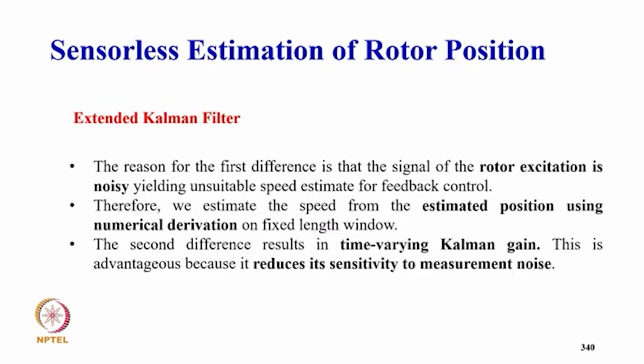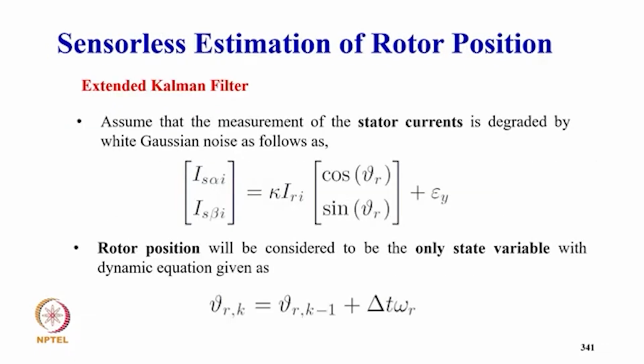The reason for the first difference is that the signal of the rotor excitation is noisy, yielding an unsuitable speed estimate for feedback, and therefore we estimate the speed from the estimated position using a numerical derivation on a fixed length window. And the second difference results in a time varying Kalman gain. This is advantageous because it reduces sensitivity to the measurement noise.